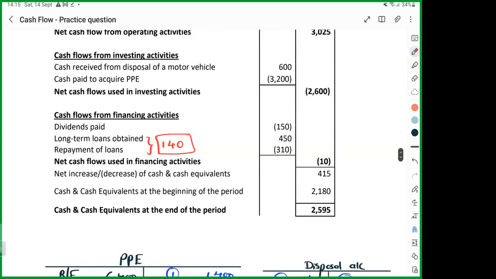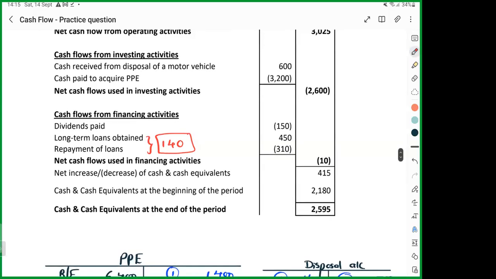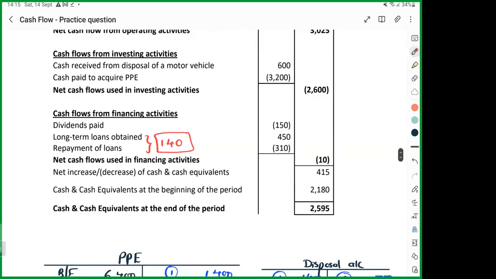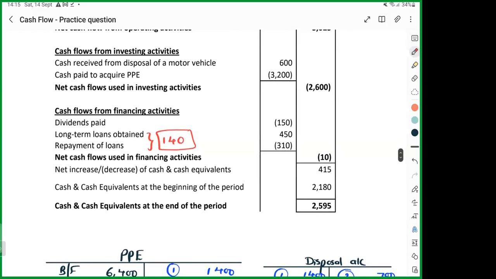So long-term loans increase by 150, short-term loans decrease by 10, so net increase is 140. Then net cash flow from financing activities.